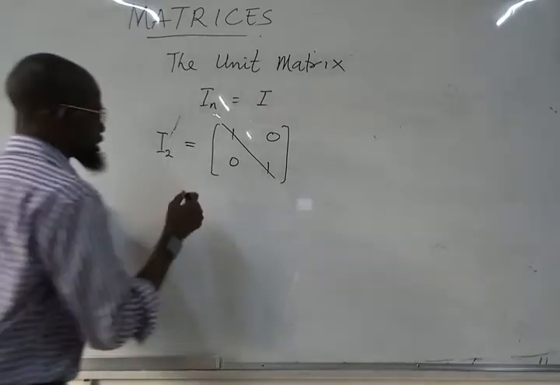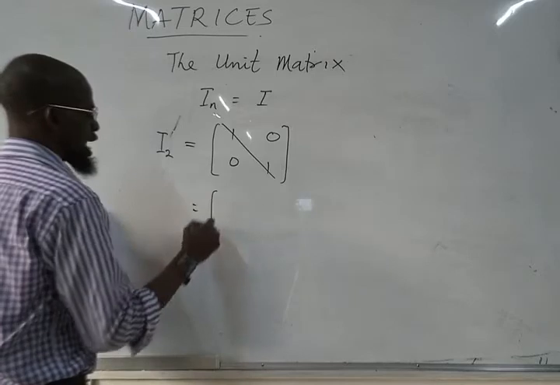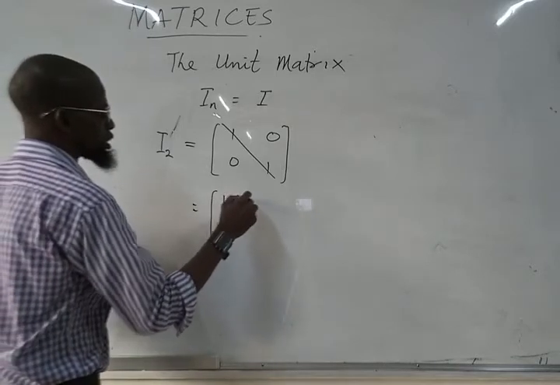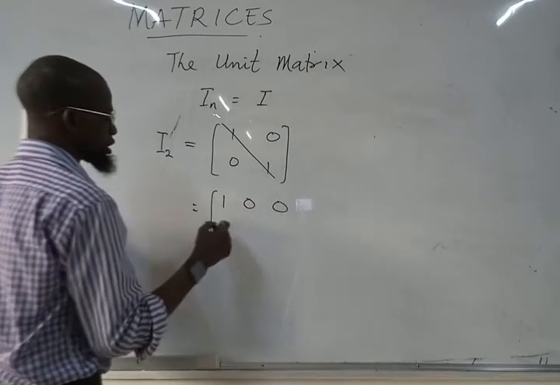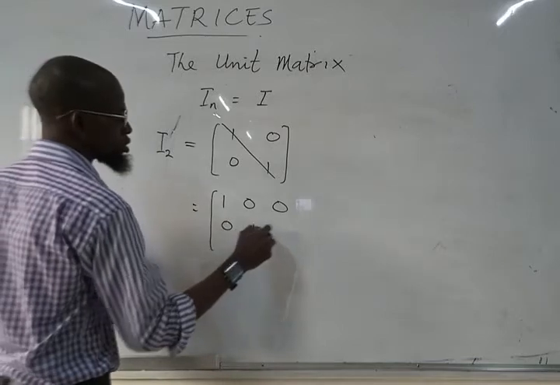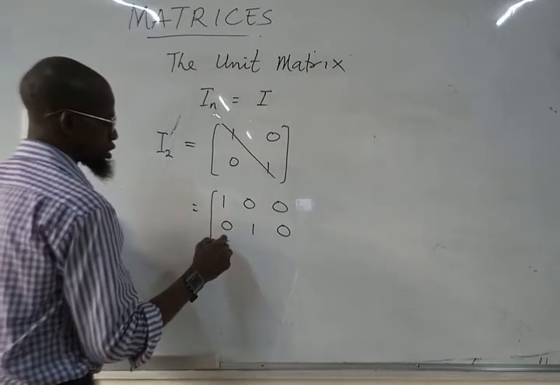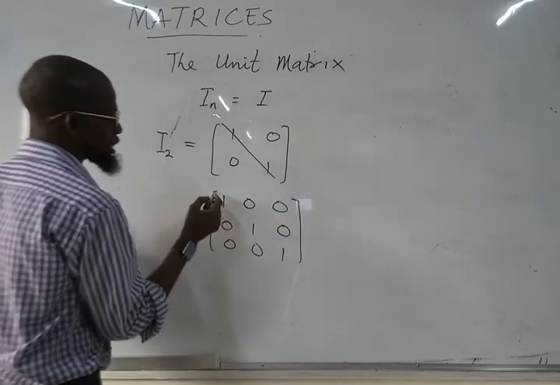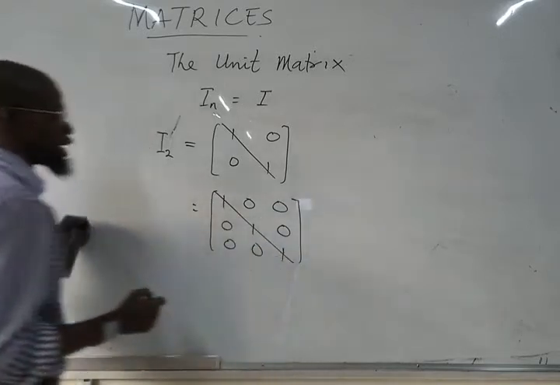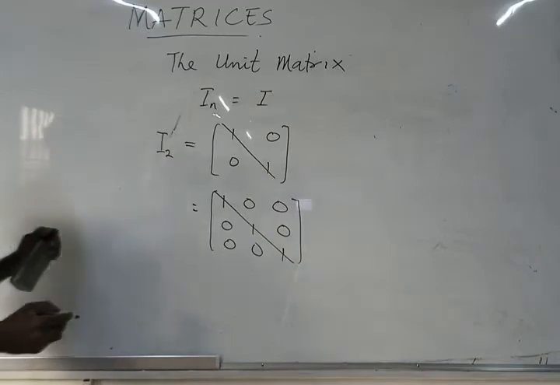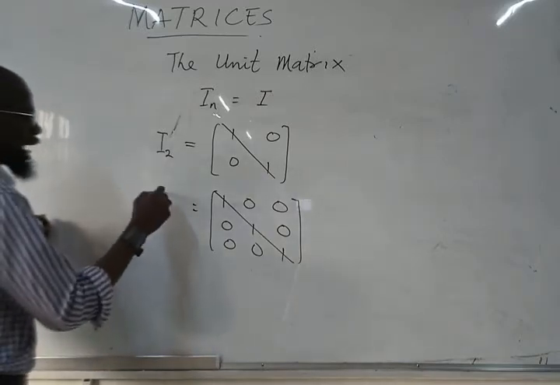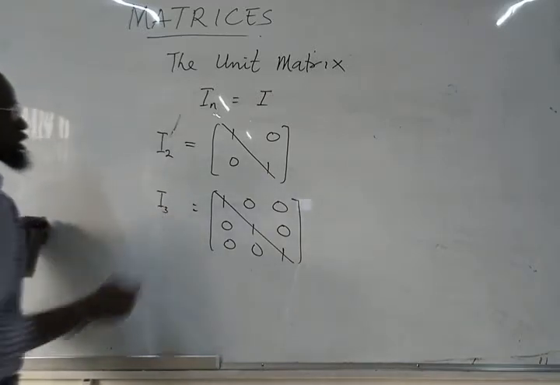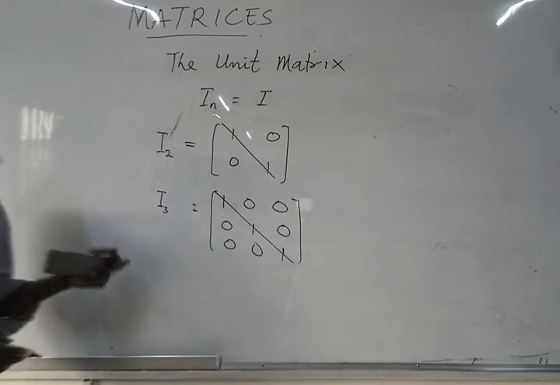Another example is where we have this type of matrix. You will see that the diagonal consists of 3 units, so I can write this as I3.